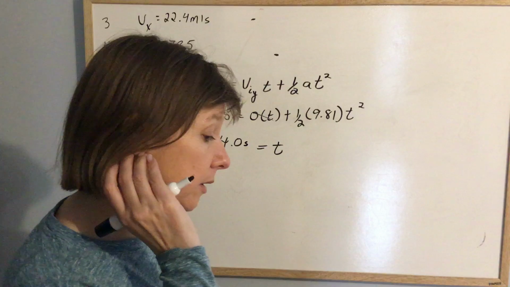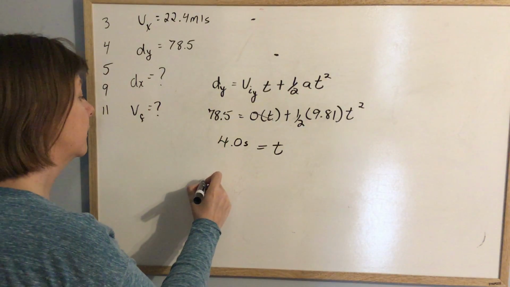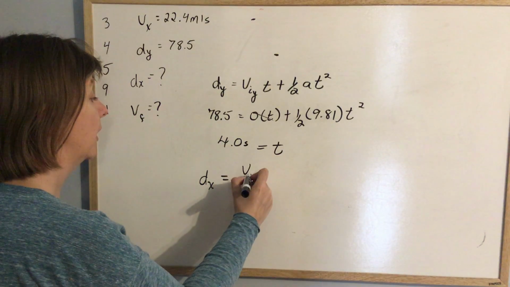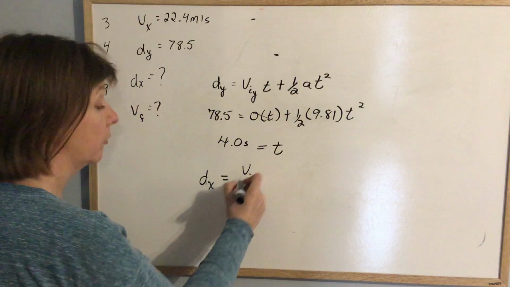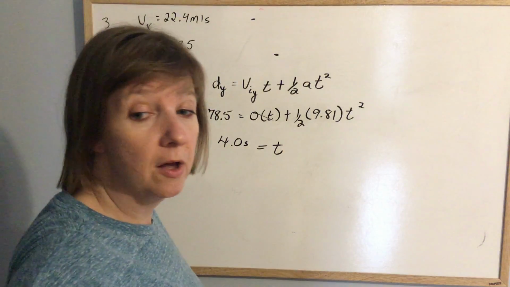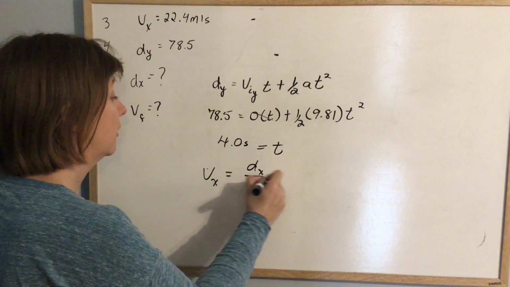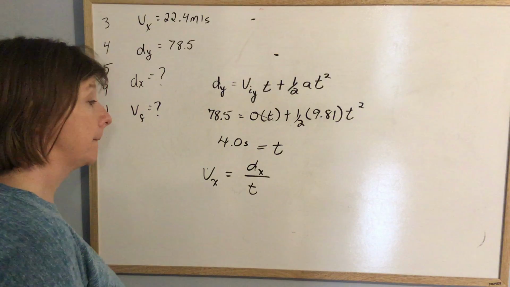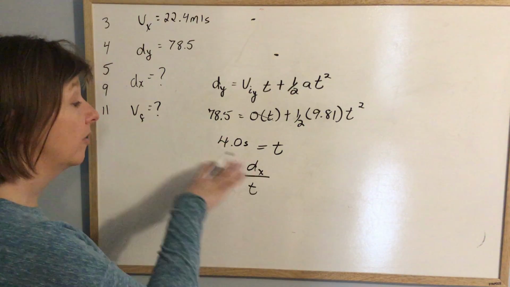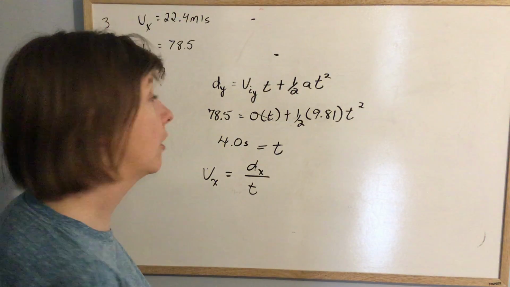And so I can get my horizontal displacement. Wrong formula. My horizontal velocity is equal to my displacement over my time, always in the x direction, because I can use this formula since velocity in the horizontal direction is constant.